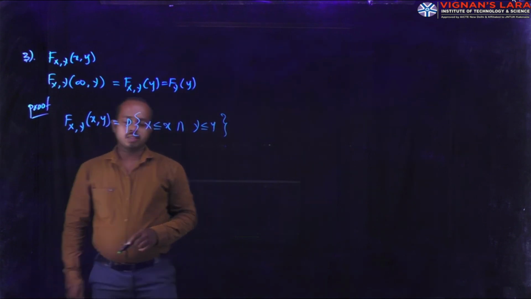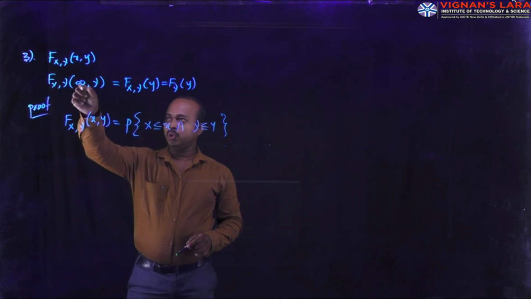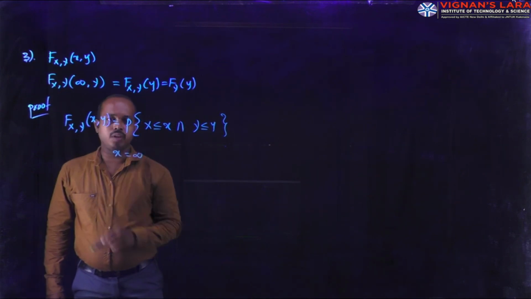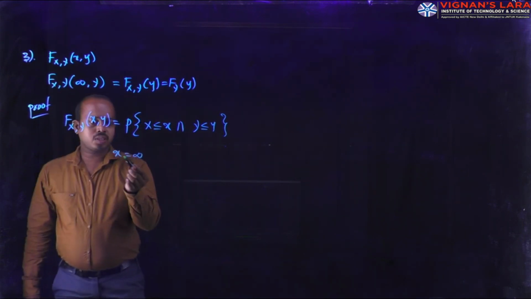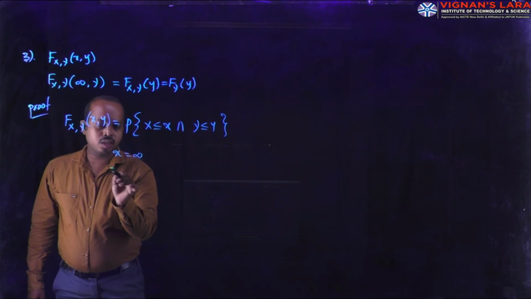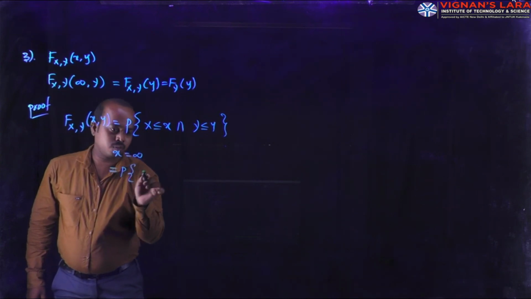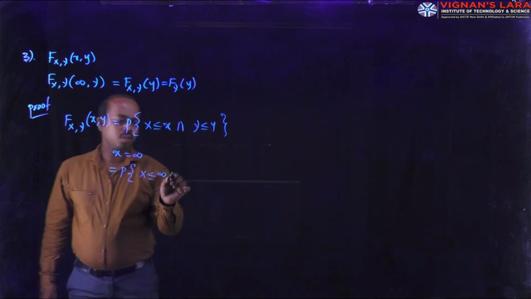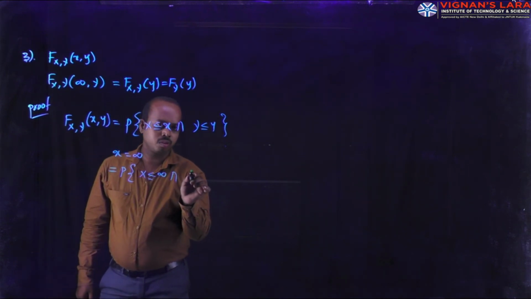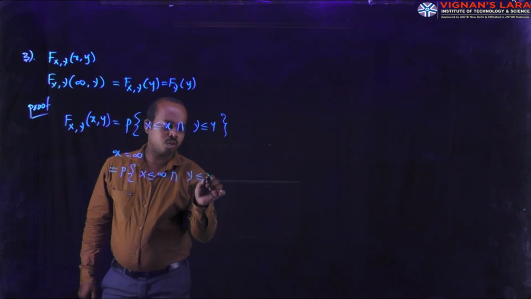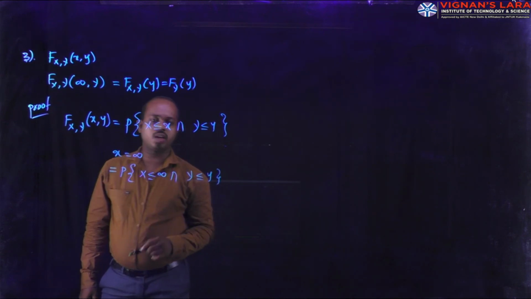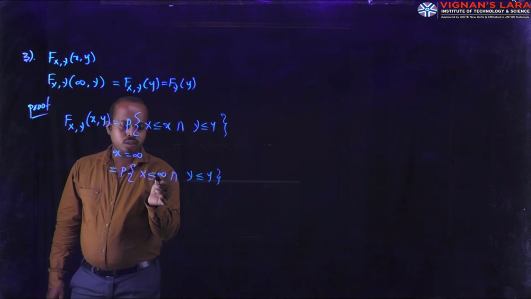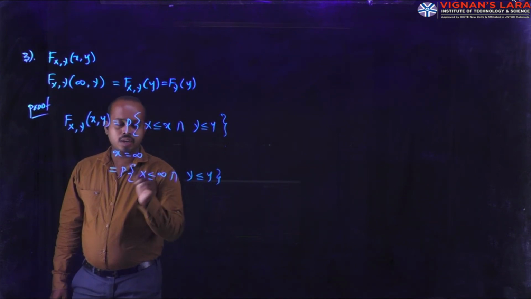In this case, we consider the x quantity as infinity, small x equal to infinity. We can replace the x quantity in this relation. You can write the probability of capital X less than or equal to infinity, intersection capital Y less than or equal to small y. From this, the x quantity is equal to infinity and less than infinity.